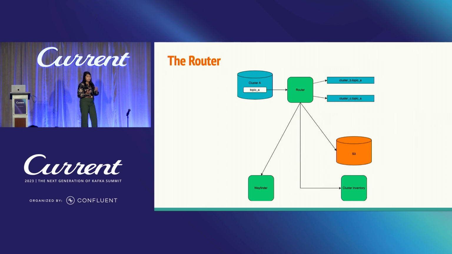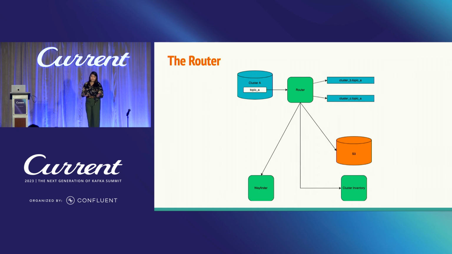And then it's also going to communicate with Wayfinder, because there are certain topics that require routing based on the account and the data type. So for topics that require that kind of routing, it's going to make requests of Wayfinder to ask, hey, which cell do I send this piece of data to?